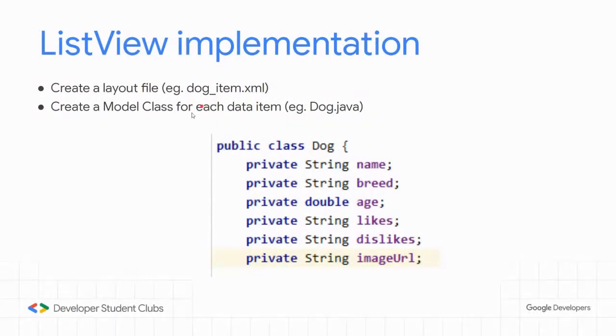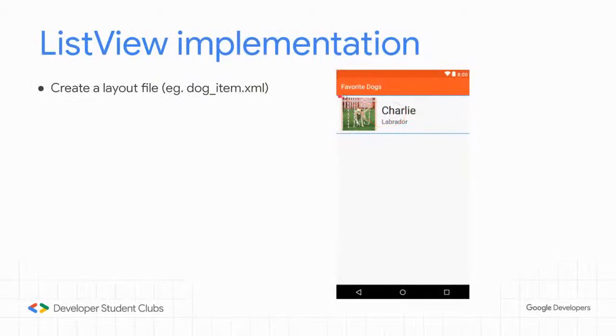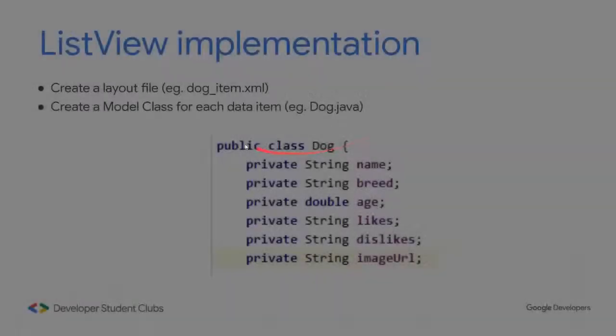The second one is to create a model class. Again, don't get overwhelmed. We're going to cover this, don't worry. I'm just introducing you to this. So if you notice here, this is the layout part of it. You have an image, a text view here, a text view here, and this whole thing forms a list item. Now, the image URL, the dog name, and the dog breed all comprise the data part.